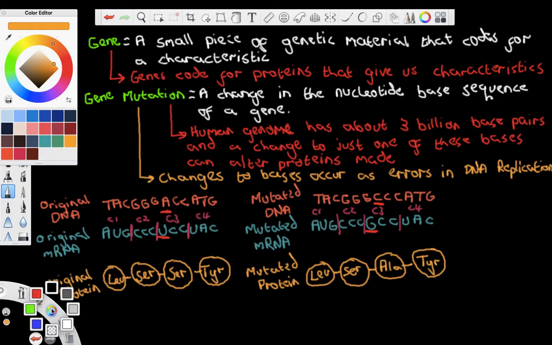So we can just add underneath here, I'm going to put in red, it's important, that the mutated amino acid, alanine, isn't it?